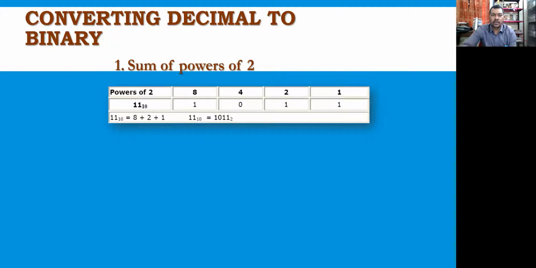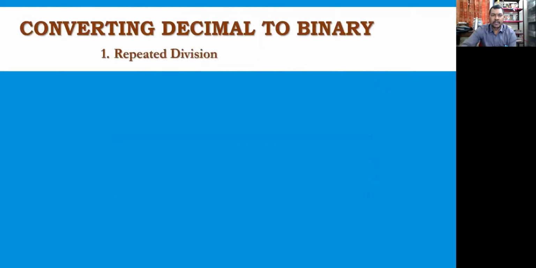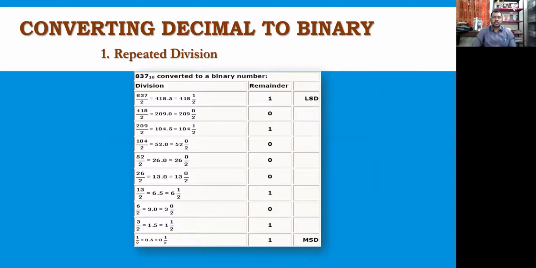And how are we going to convert this? We are going to convert by using the double double method, right? The method is called the repeated division or double double method. This is what we studied in the last classes. Here it is shown that we have this number 418, and we are dividing it by 2, and we are storing the remainders over there, which is supposed to be 1.